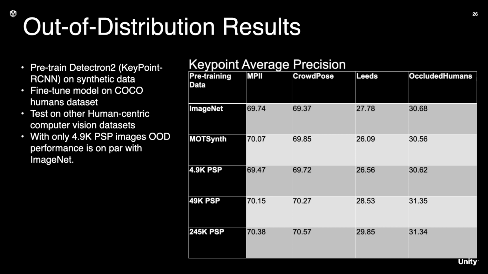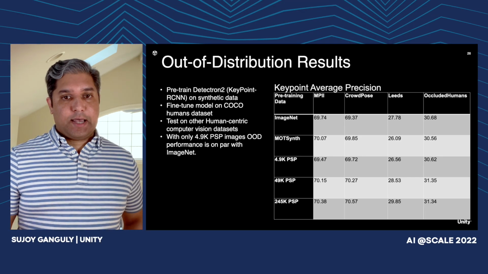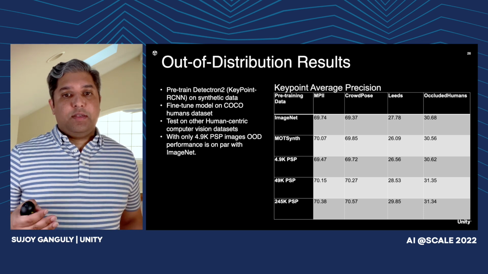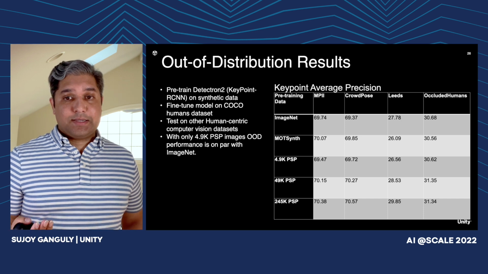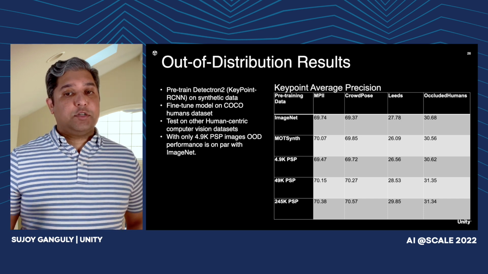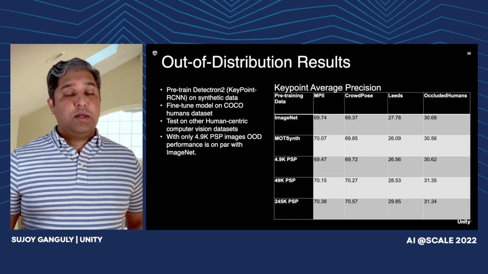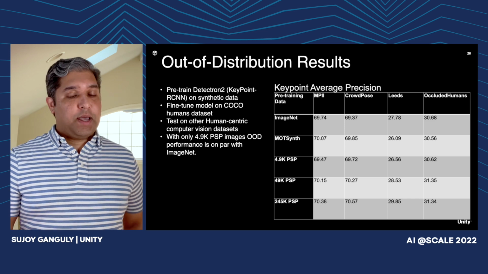In general, we see that models trained with synthetic data outperform those trained on real data alone out of distribution, as they did on the COCO test set. And we can even see that with as little as 5,000 images, a synthetic data set generalizes as well out of distribution as a model trained on ImageNet.